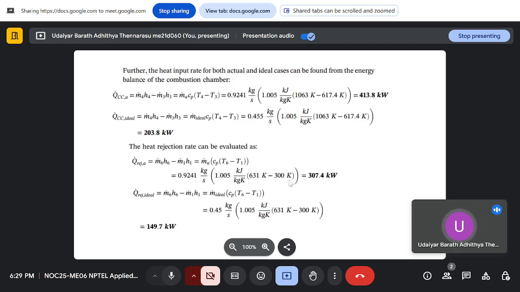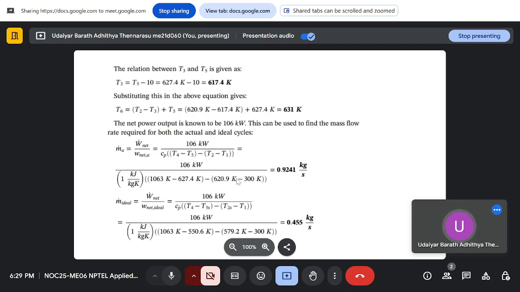Further, the heat input rate for both actual and ideal cases can be found from the energy balance of the combustion chamber. So the heat input is again H4 minus H3.